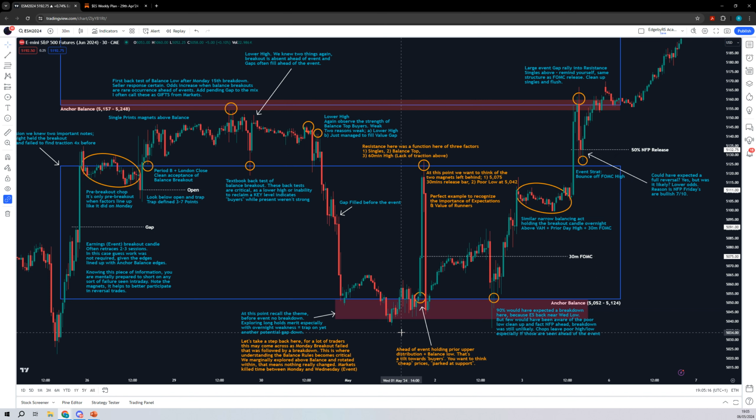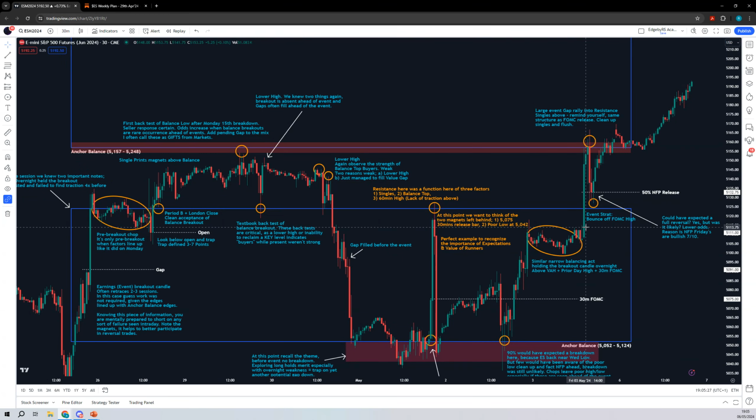You got to understand the time. The time to break down was not there until we were past all the events. And look what happens. As we got through events, we started grinding higher. NFP, same story. Pullback. Look at this defense right at the FOMC high. And how many times have I told you guys?